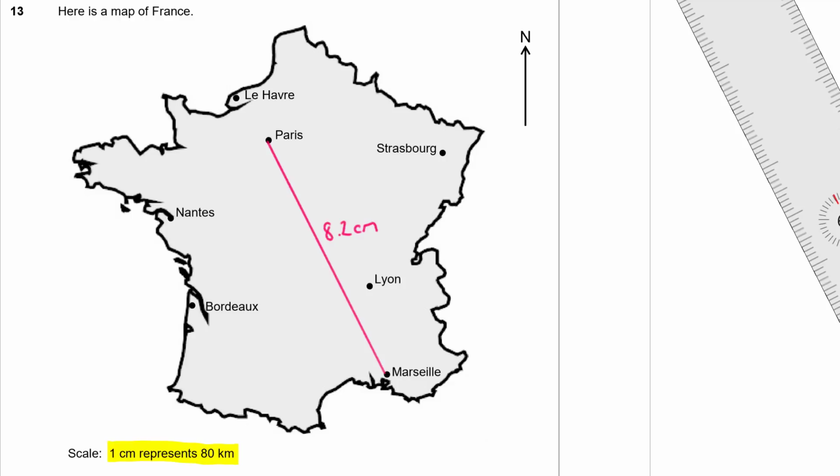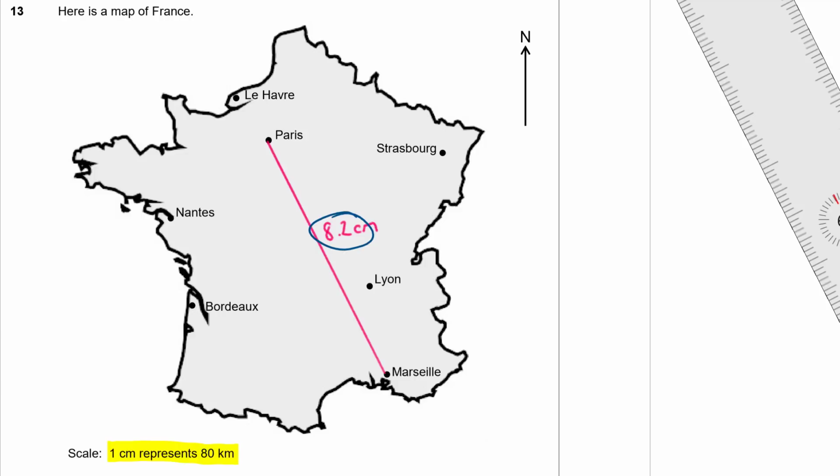All you've got to do is take whatever measurement you find it is between these two distances here, and then use the scale appropriately. So the distance is going to be 8.2 centimetres. Now we need to convert that into kilometres. So if 1 centimetre represents 80 kilometres, then 8.2 centimetres is going to represent 8.2 lots of 80 kilometres.